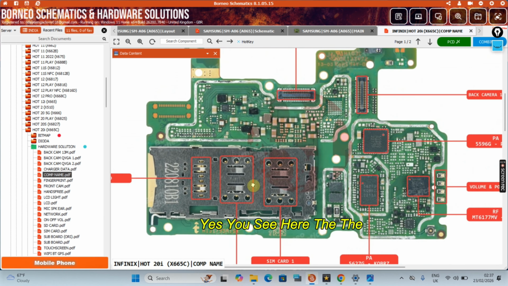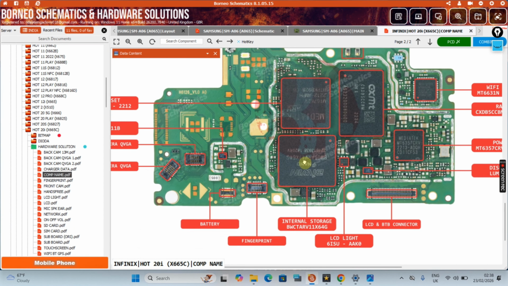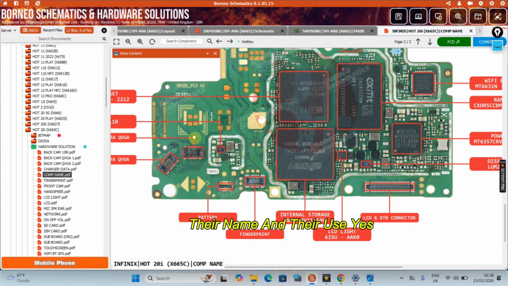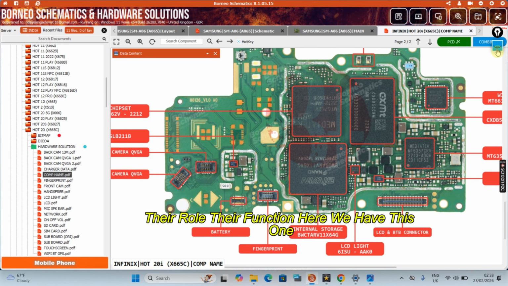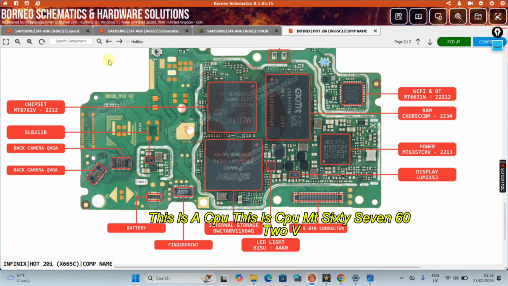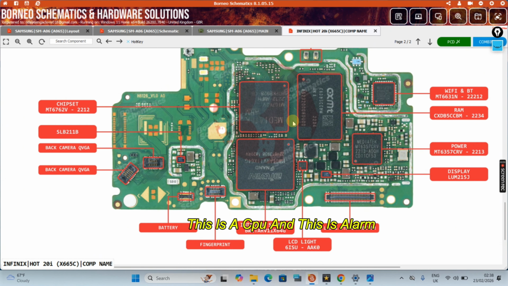You see here there are different components, different ICs, their name, and their use, their role, their function. Here we have this one. This is a CPU, MT6762V, and this is a RAM.